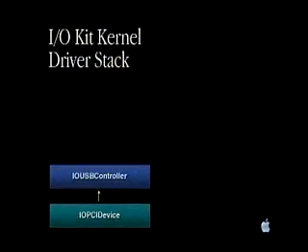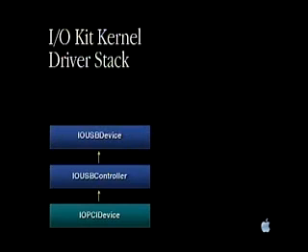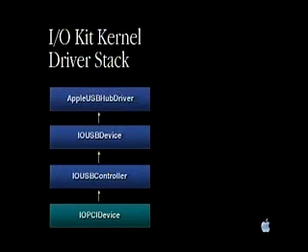During startup, this controller driver will instantiate an I/O USB device for the root hub of that controller. We use IOKit methods to match a driver against that device, and we have the Apple USB hub driver.